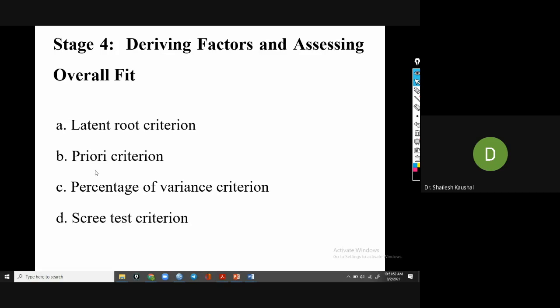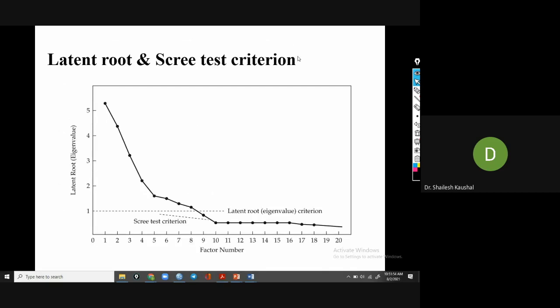The latent root criteria means the latent root and scree test criteria. It depends on the value of the eigenvalue. If the eigenvalue is greater than 1, then we retain those factors. So it's the latent root criteria, or eigenvalue criteria.